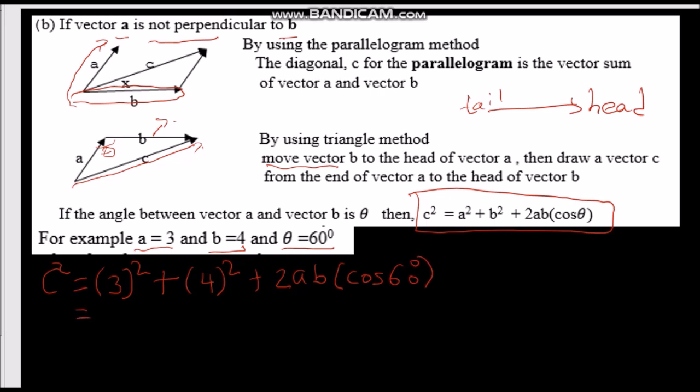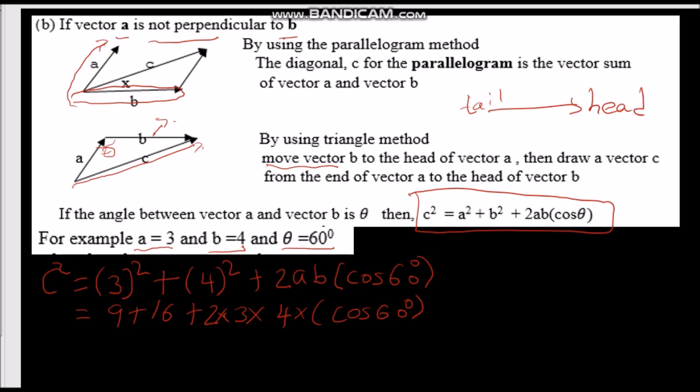This is equal to 9 plus 16, because 4 square is 16, plus twice times A 3 times B 4 times cos 60 degrees.